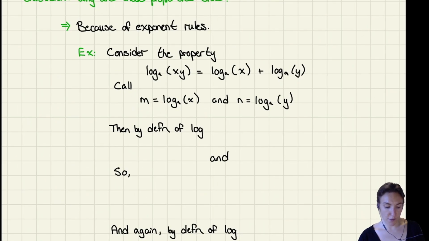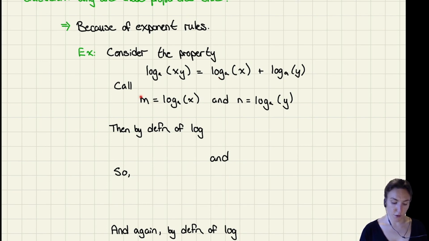Let's consider the property that's probably going to be used the most, the one of multiplication. Okay, so you have log base a of x times y. I want to show that it's equal to this. Well, how would I formally show that? So I know that my log base a of x represents some number, and same thing with log base a of y. So for convenience, to make this easier to write out, I'm going to rename them.